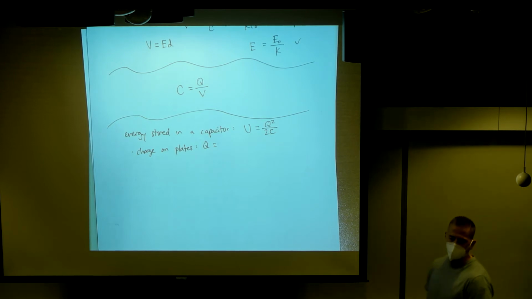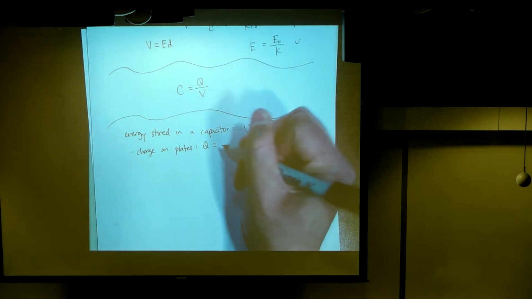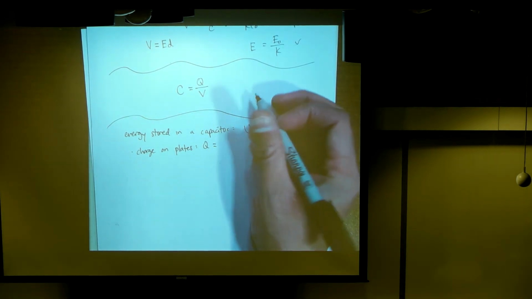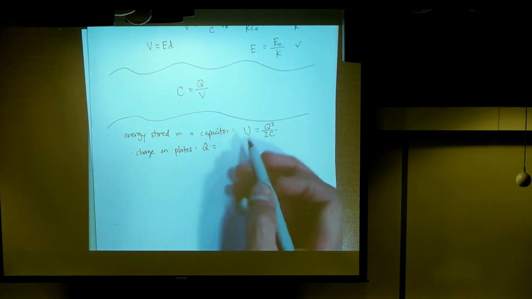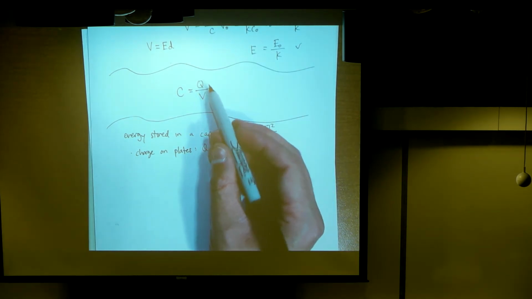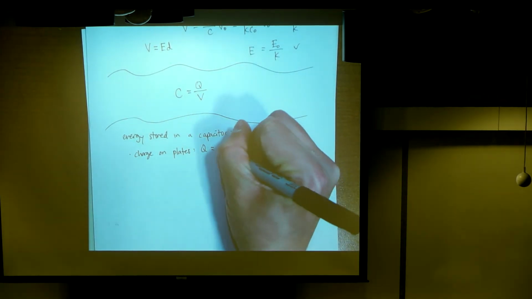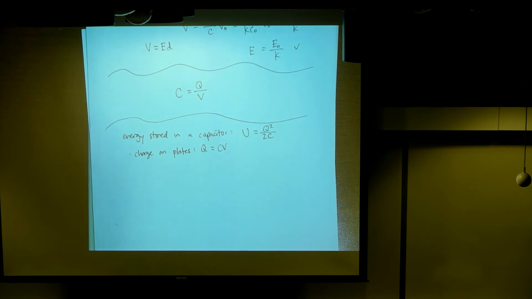We could use the previous formula, K epsilon naught E Q. All right, so yeah, we could use that. I want to just go back to something more basic, all right? Okay. Q is equal to C times V. Because in this case, we know the applied voltage, right? And we can calculate C. We have all the information we need to do that. So this is probably the most straightforward way to go.